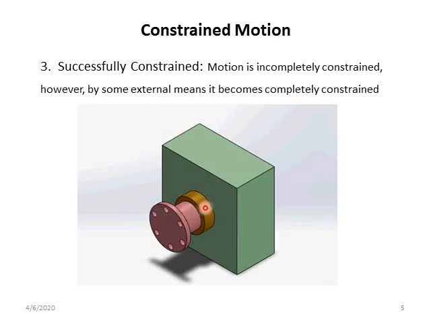So by installation of an external component to the link, we can constrain the motion. This is an example of successfully constrained motion, in which we converted the incompletely constrained motion to the completely constrained motion.